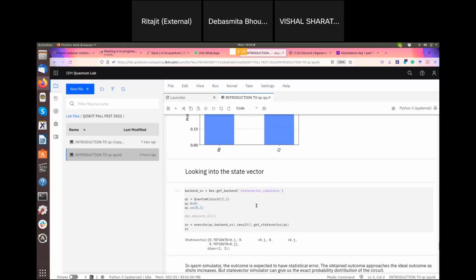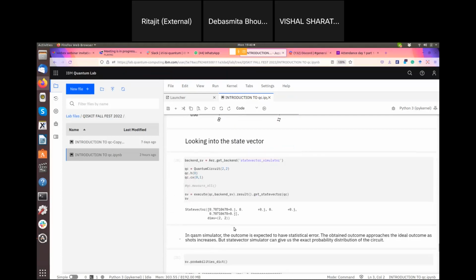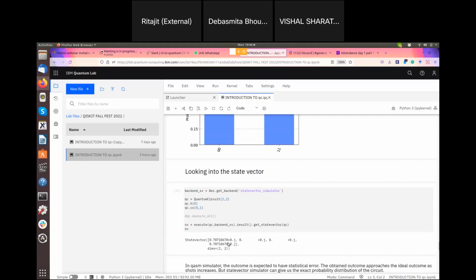Now in the state vector simulator, you can just take the circuit. Similarly, you can choose the Hadamard gate and CNOT gates, and then you can execute. If you execute, you can see here what happens. It is showing you the probabilities of the states.